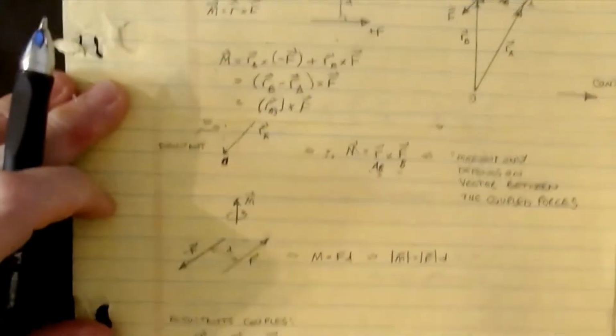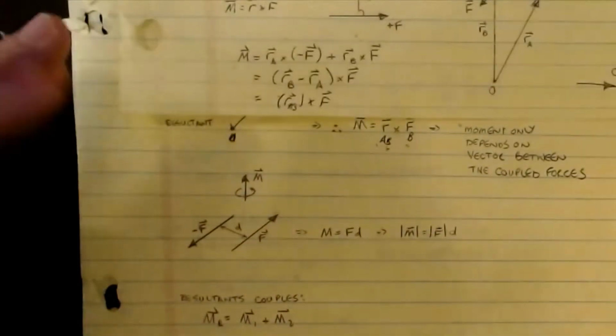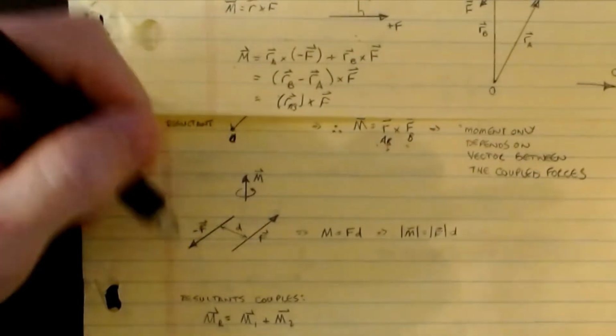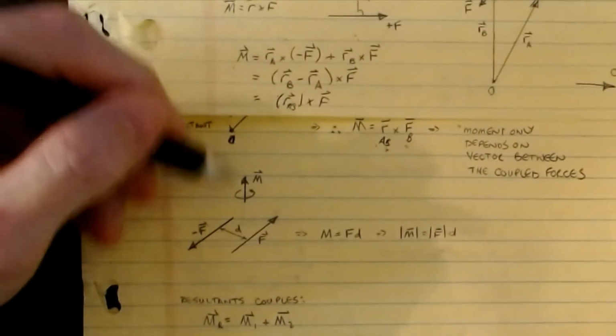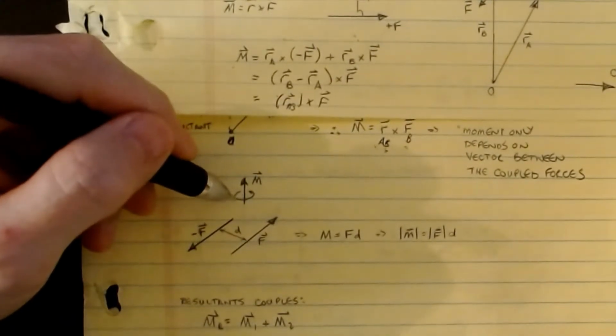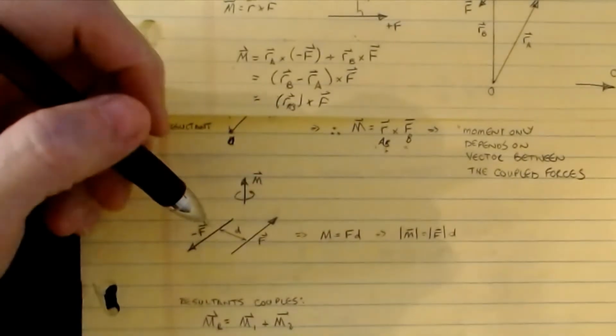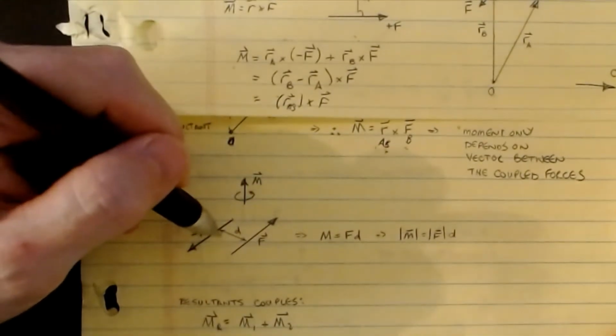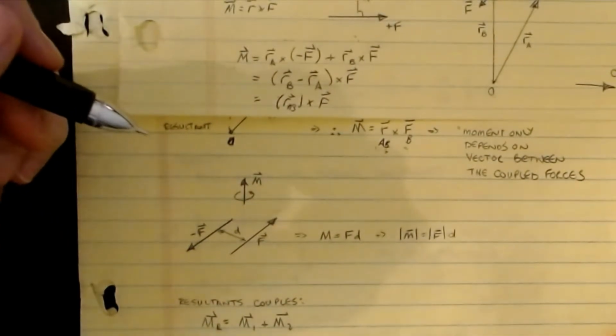Whereas if I did the scalar method to calculate it, the moment would be about an axis perpendicular to the plane containing these two forces, causing a moment to wrap around that way. I would be bounded by the restriction of a perpendicular distance d.